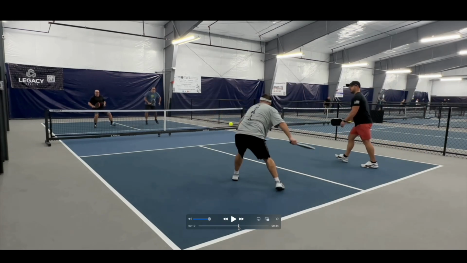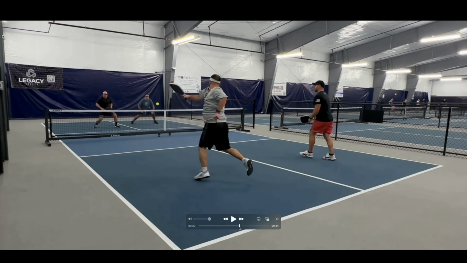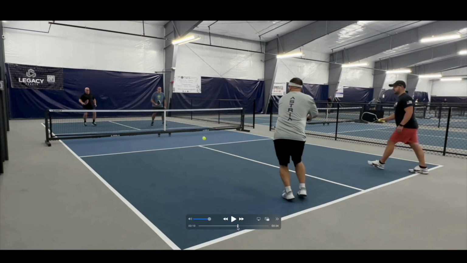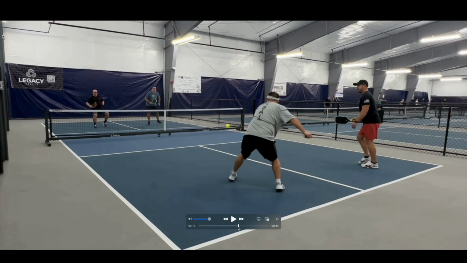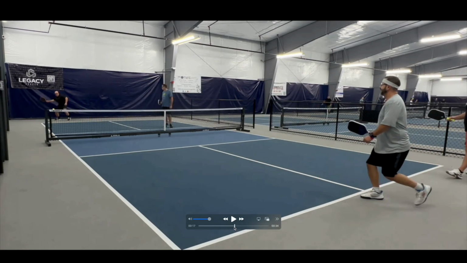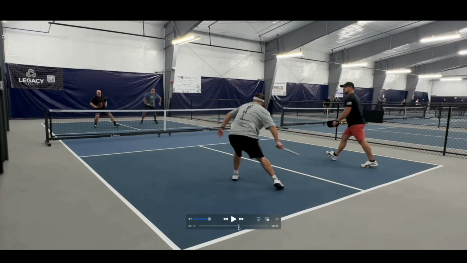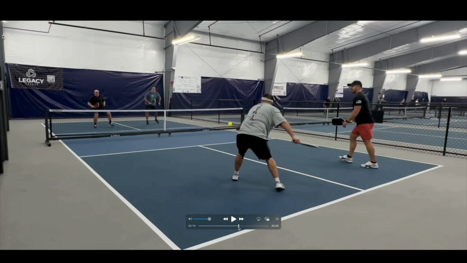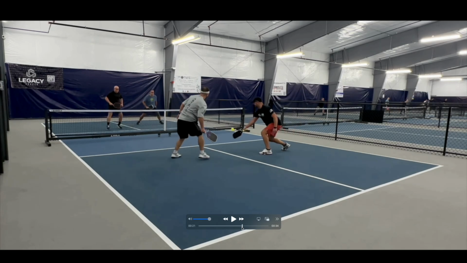So could I have dropped this ball into the kitchen? Sure. But I'm giving up an offensive opportunity right here. This is a mistake. I don't want my opponents to get away with their mistakes. If I drop this and not drive it, I'm giving them an out.